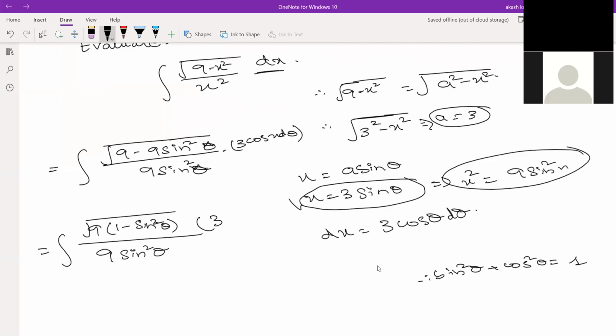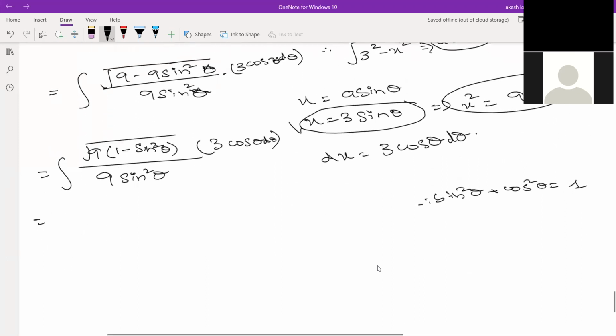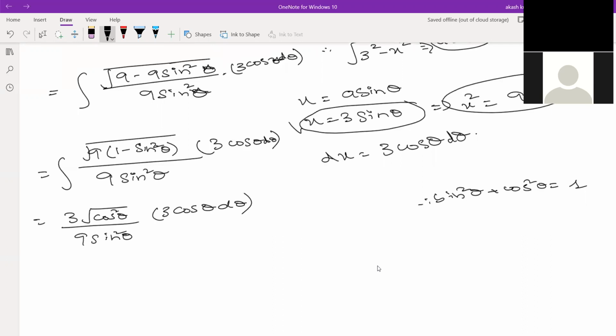So taking 9 out, the square root of 9 becomes 3. And instead of 1 minus sine square theta, I can write cos square theta over 9 sine square theta, multiplied with 3 cos theta d theta.